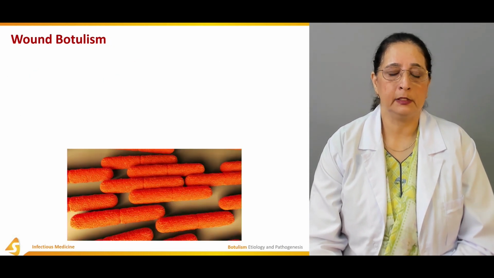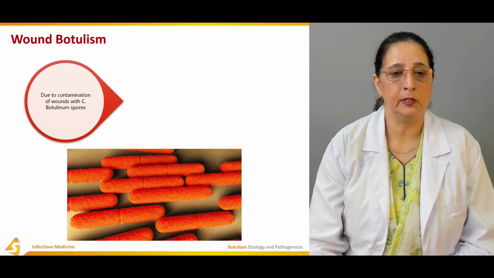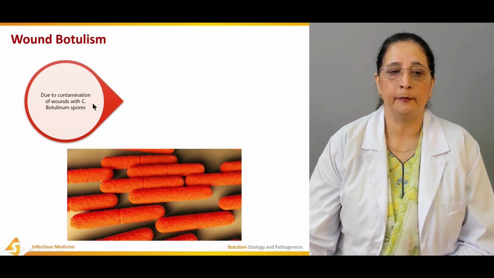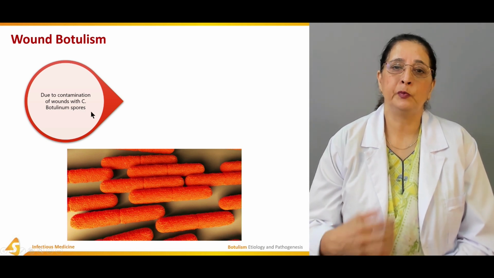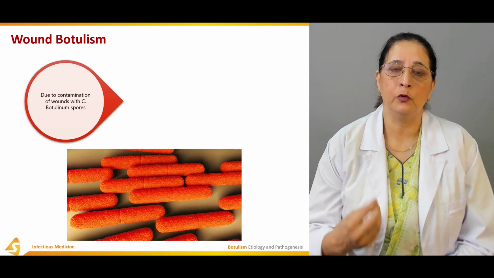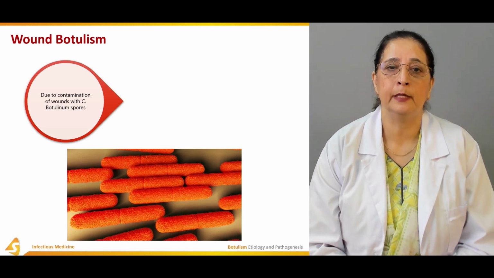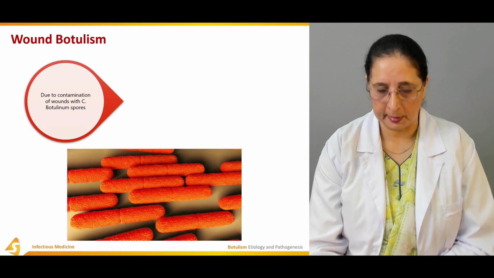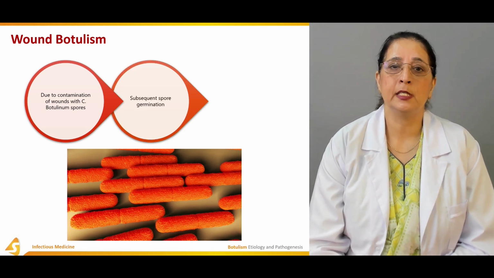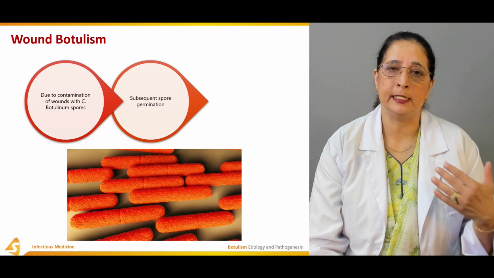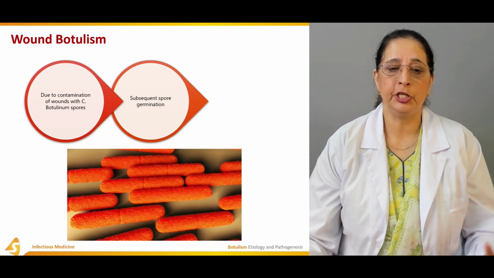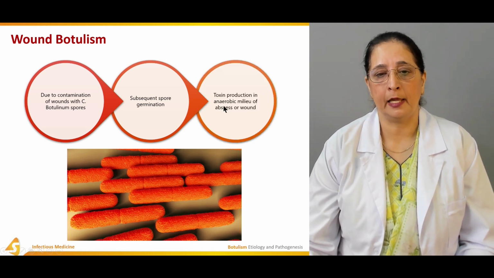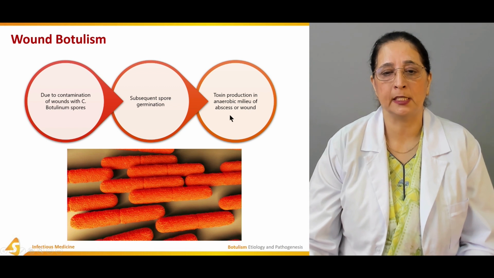Wound botulism: the wound is infected with botulism due to contamination with Clostridium botulinum spores. If the wound is contaminated with the spores, germination of the spores occurs and toxin production takes place in the anaerobic milieu of the abscess or wound.